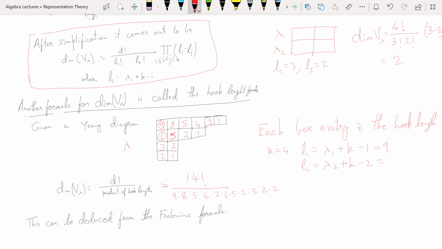This will turn out to be 6, and L3 is going to be 3, and L4 is going to be 2, because lambda 4 is 2, and the K terms cancel, giving 0.